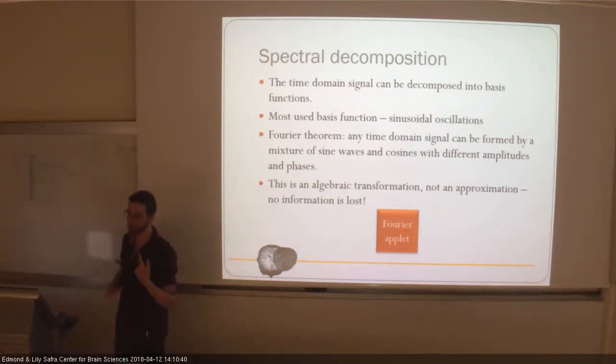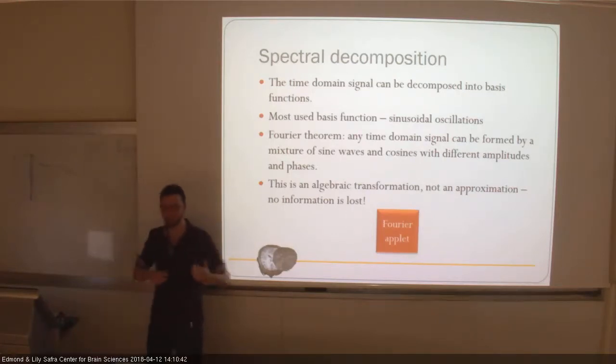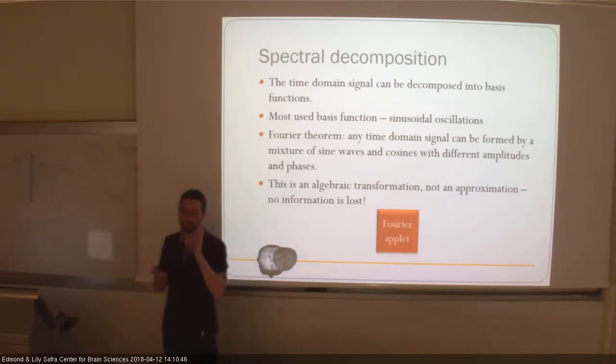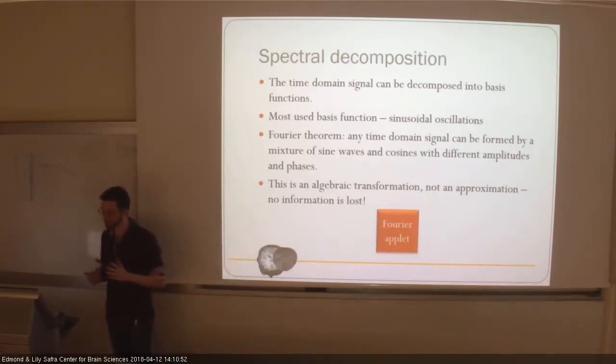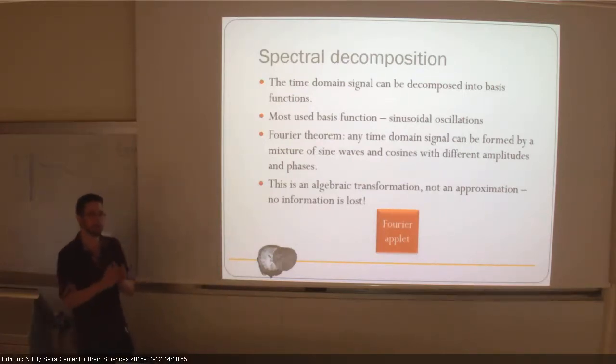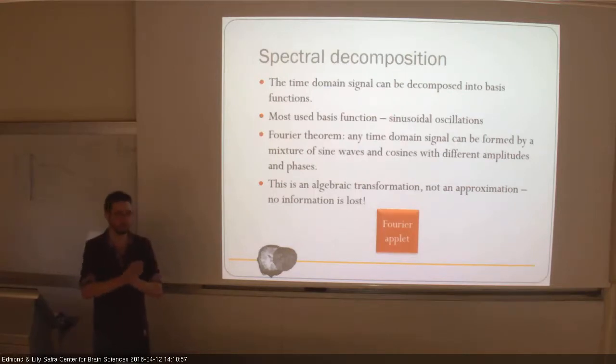So we have the same number of data points, but now we have 500 coefficients, each one of them having one value for the cosine and one for the sine wave. Or another way to think about it is that one of them would be the amplitude of the sine wave, and the other one would be the phase.